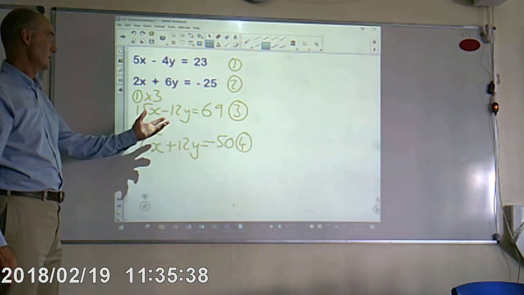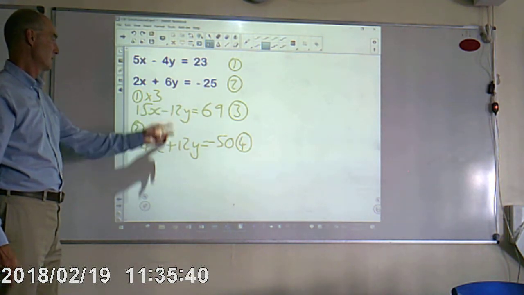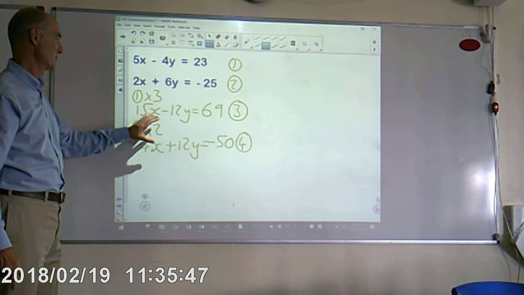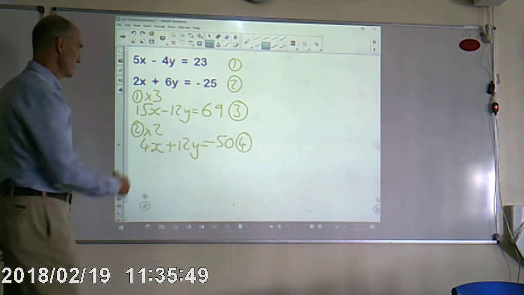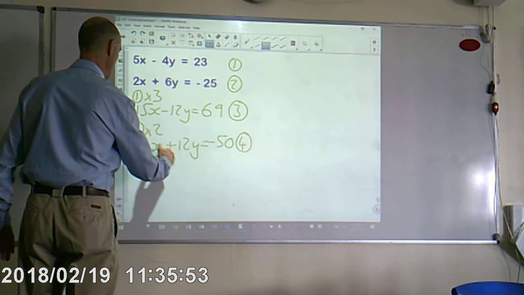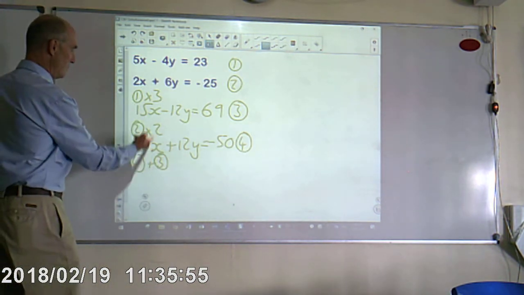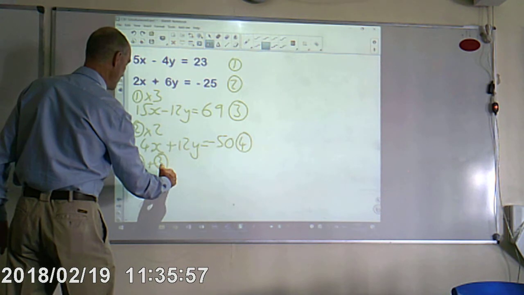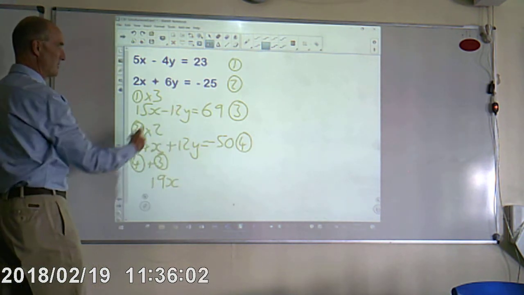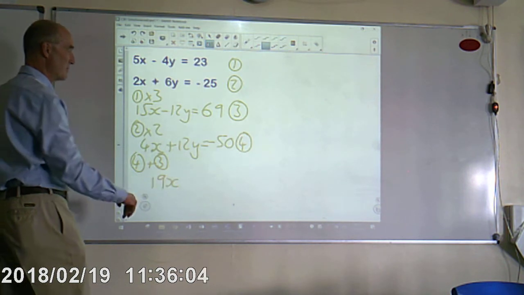What can I do? To eliminate either the y's or the x's there, add the two equations together. So 4x plus 15x gives me 19x. 12y added to a negative 12y gets rid of my y's.